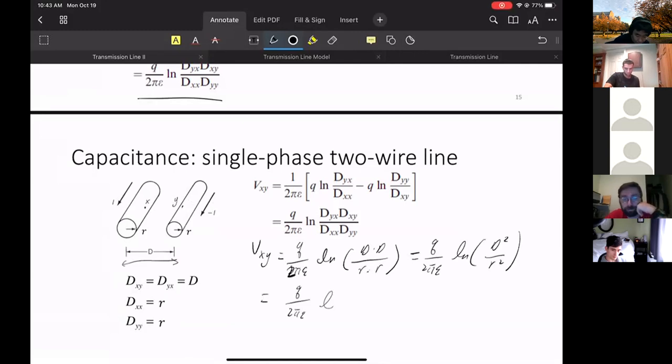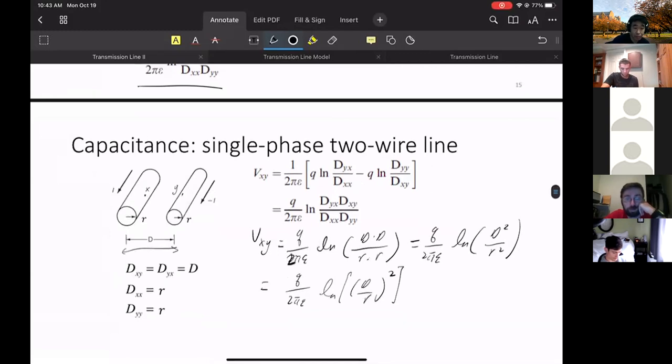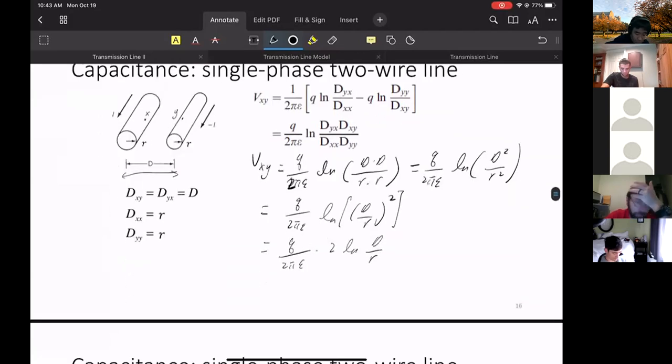When you take the log of something squared, that is the same as moving the 2 to the front of the log, of d over r. So this is equal to q over pi epsilon log d over r.